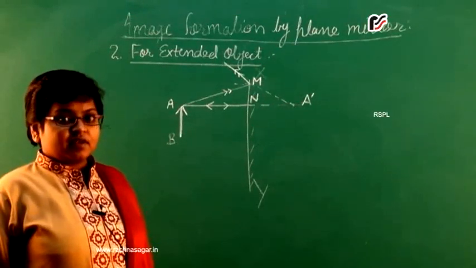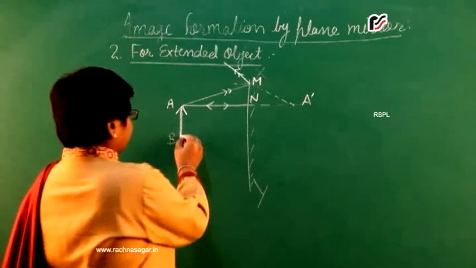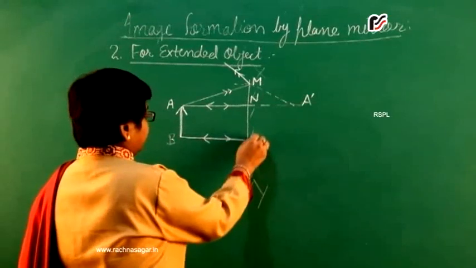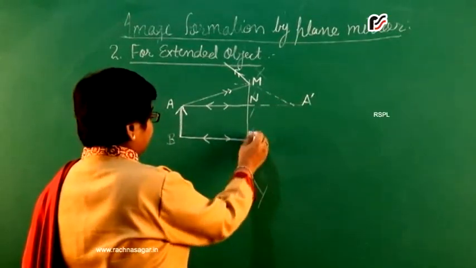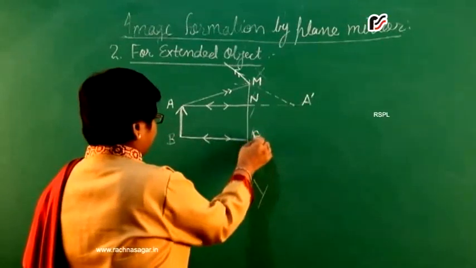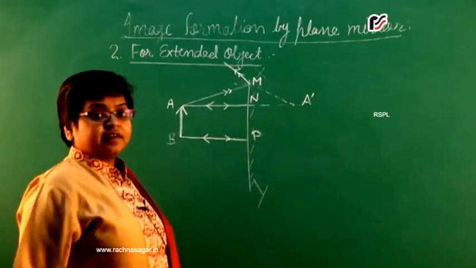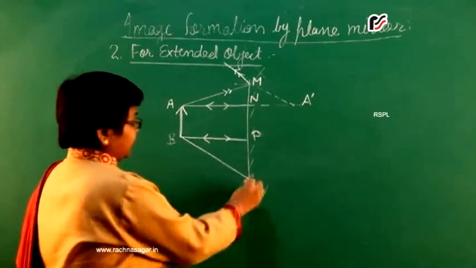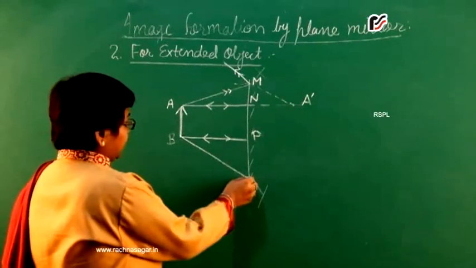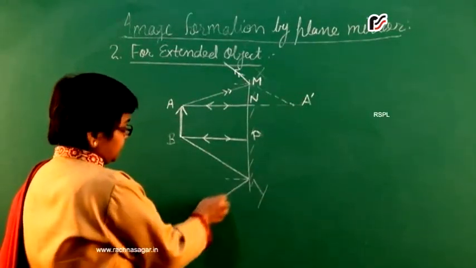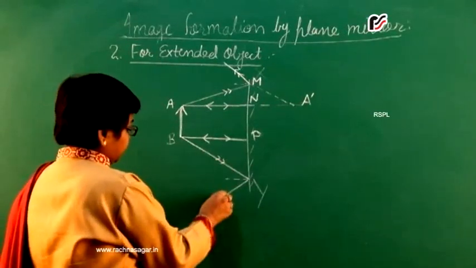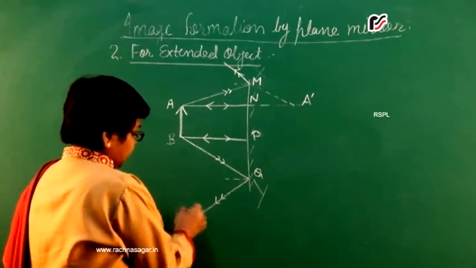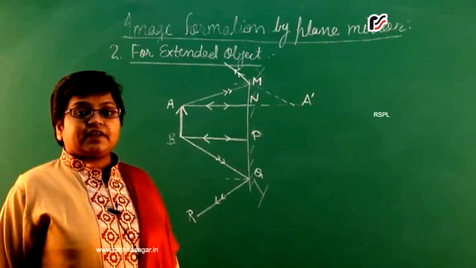In the same way, consider point B. The reflected ray bounces back on the same path. For another incident ray at any value of angle of incidence, QR is the reflected ray.